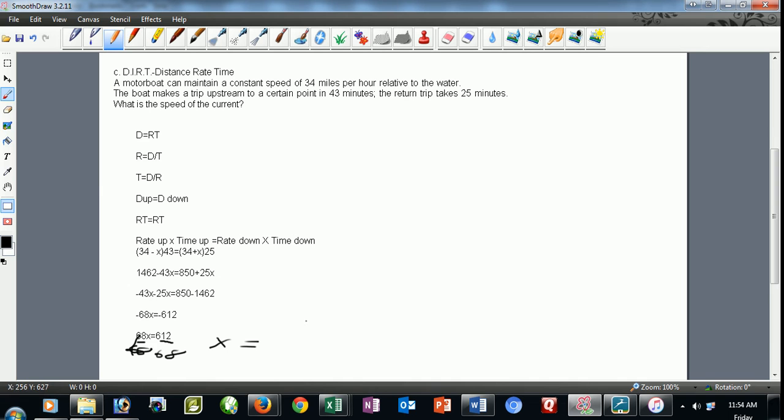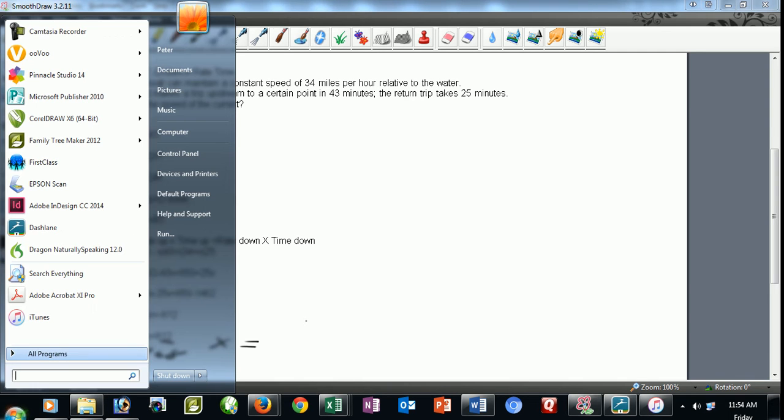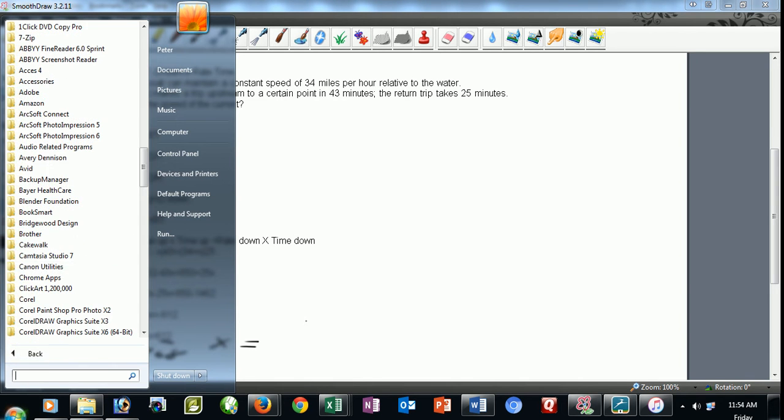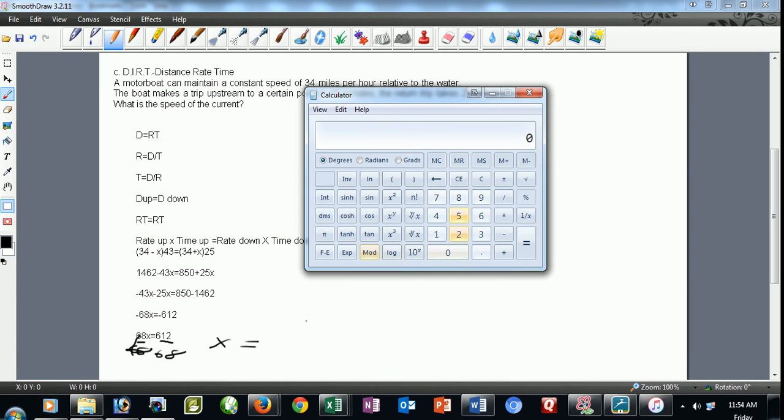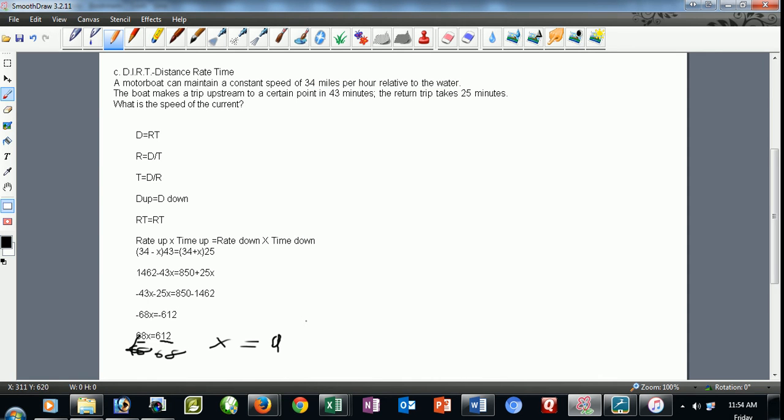Actually, this can be a decimal, we're not going to stress it. Let me go back to the calculator. 612 divided by 68 turns out to be nice and pretty. So that turns out to be what? 9. 9 what? 9 miles per hour is the speed of the current.